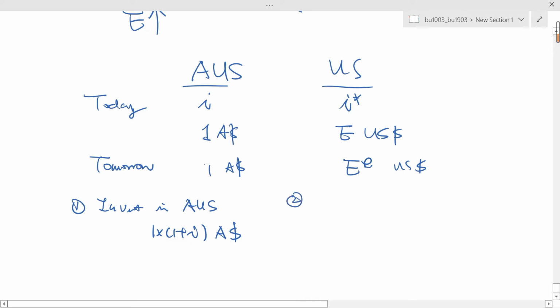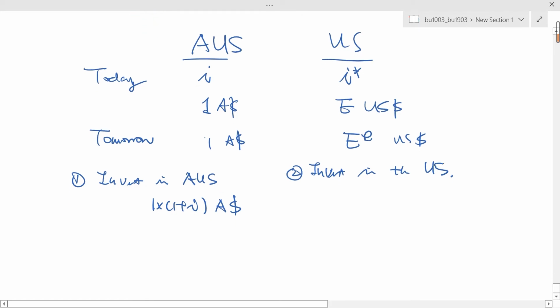Alternatively, I can invest my 1 Australian dollar in the US. To invest in the US, I need to exchange Australian dollar for US dollar, and 1 Australian dollar can exchange for E US dollars.